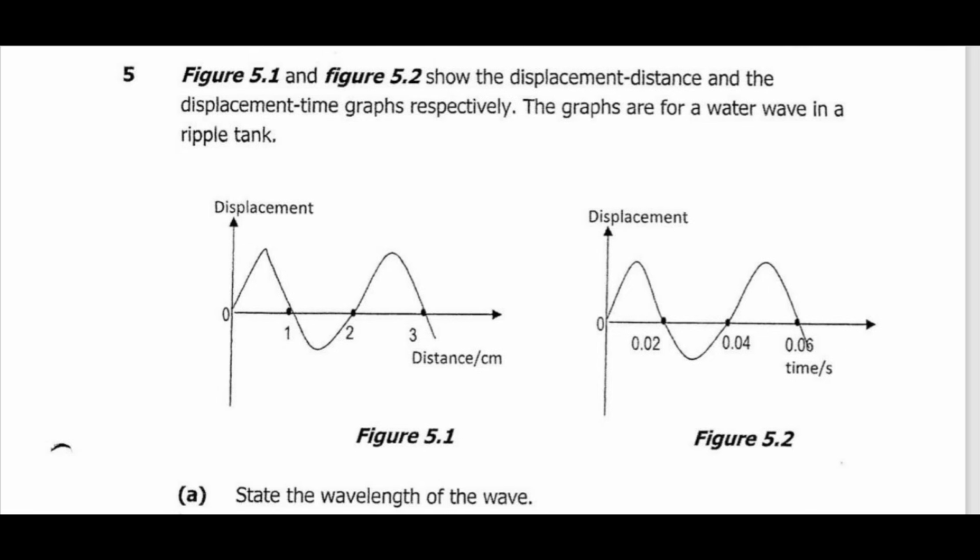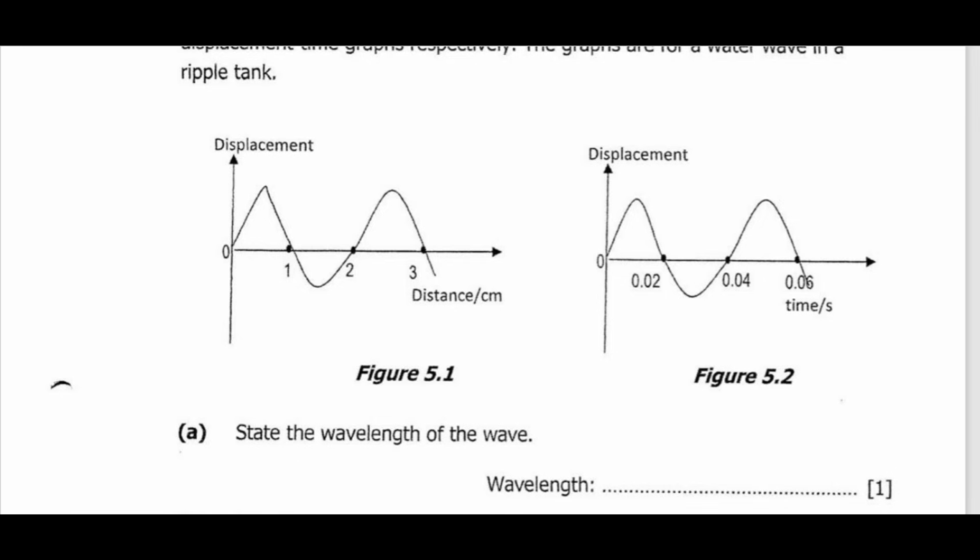Figure 5.1 and 5.2 show the displacement-distance and the displacement-time graph respectively. The graphs are for a water wave in a ripple tank. State the wavelength of the wave. So let's say this is our original point. From this point up to here, this is our wavelength.